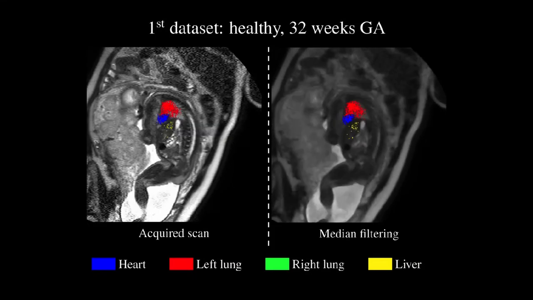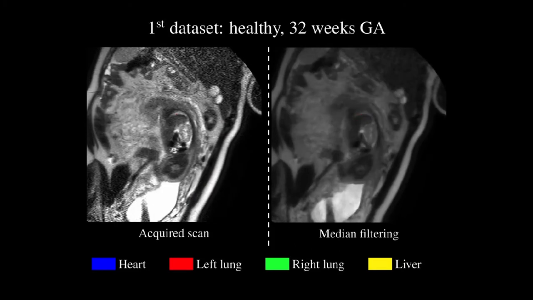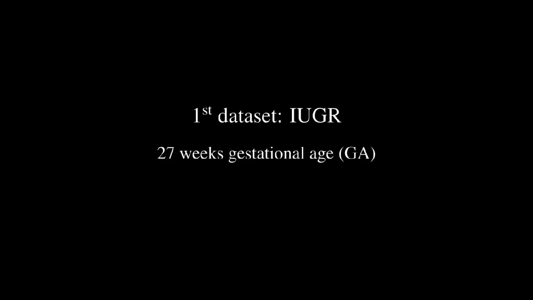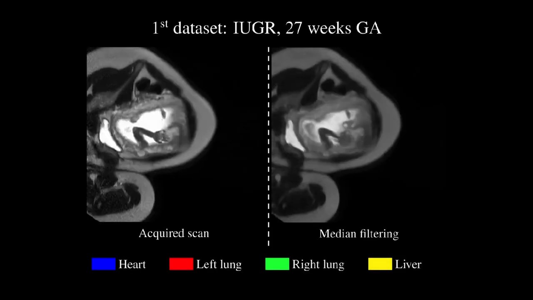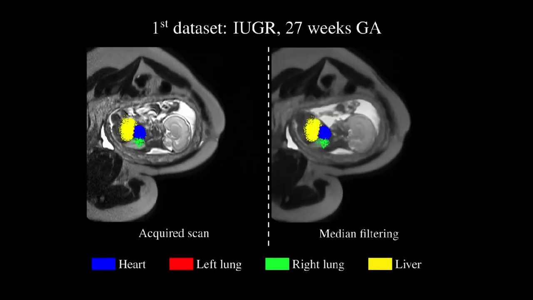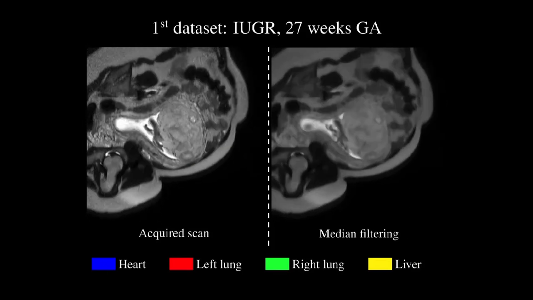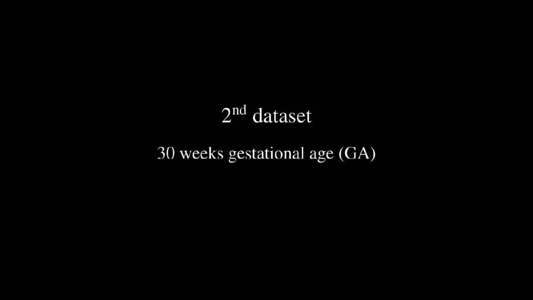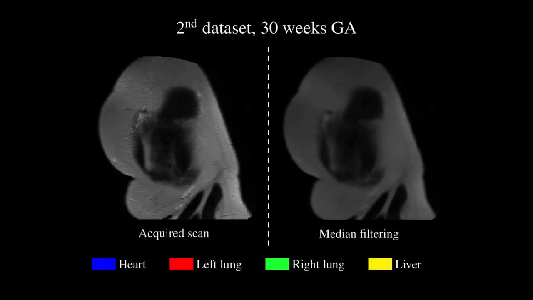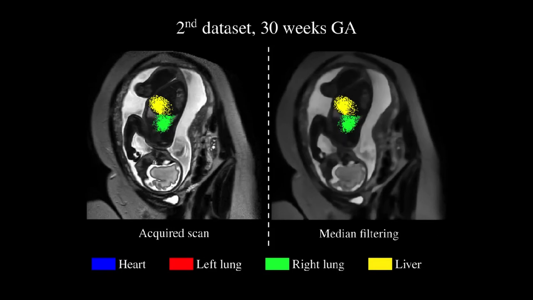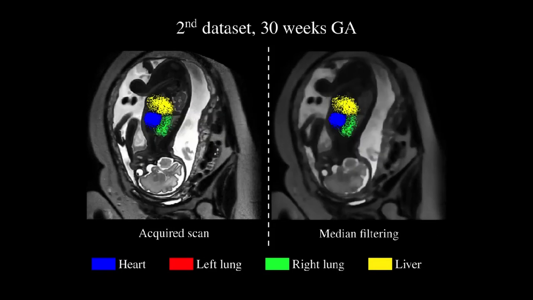Each point cloud corresponds to a different organ, in blue for the heart, red for the left lung, green for the right lung, and yellow for the liver. Those point clouds correspond to the back projection of the regression votes. The effect of denoising can mostly be seen in cases of sudden fetal motion.